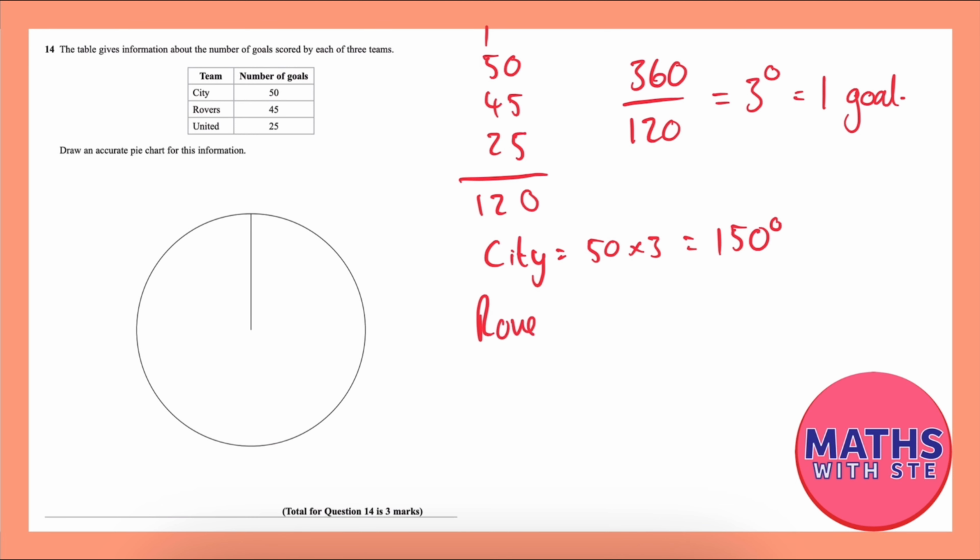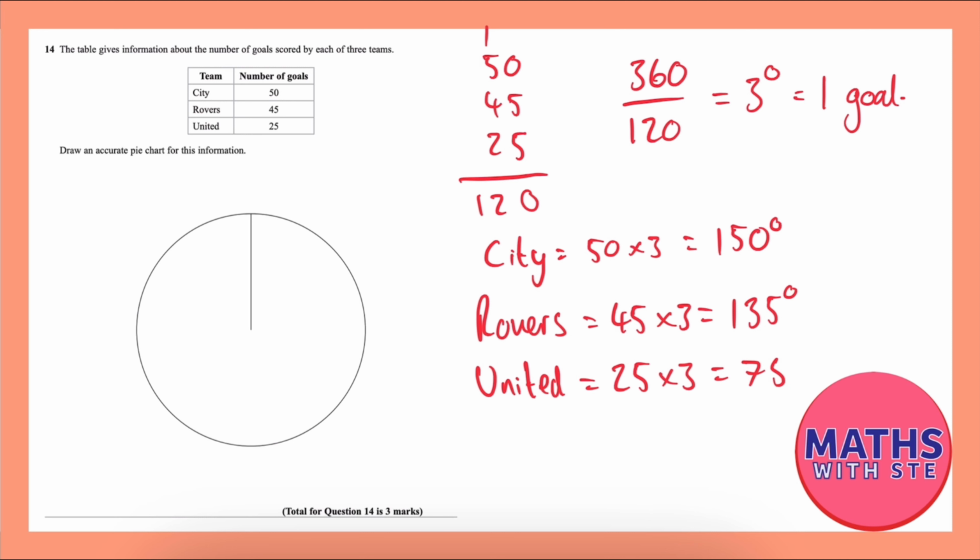So Rovers will be 45 times 3. It's going to be 135, isn't it? 135 degrees. And United will be 25 times 3, which is 75 degrees.